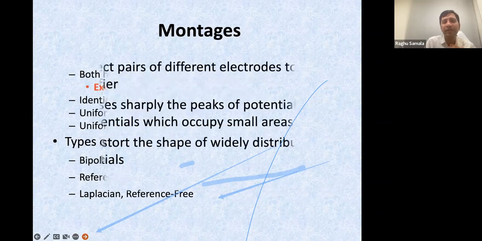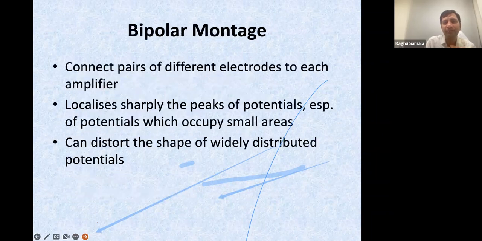Bipolar connects a pair of different electrodes to each amplifier. It localizes sharply the peaks of the potentials, but can distort the shape of widely distributed potentials.